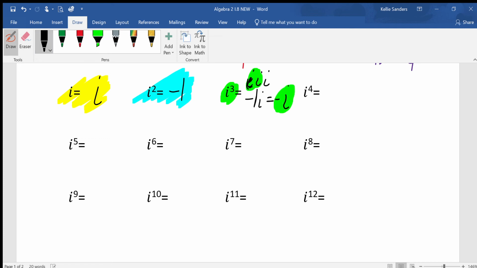And what about i to the fourth? I to the fourth is like i squared and i squared. After this one, I'm not going to write down 12 i's. What's i squared? Negative 1. What's negative 1 times negative 1? A positive 1.